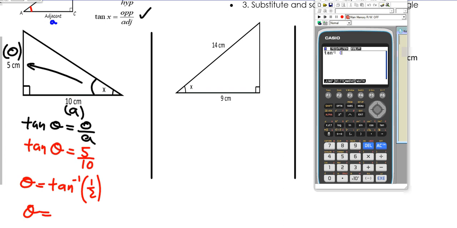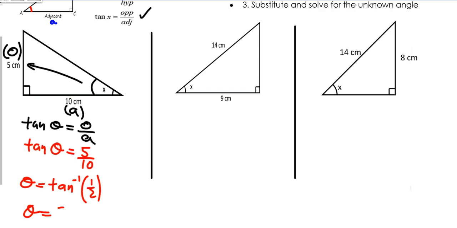In my brackets, 1 over 2, press equals, and we get 26.6 degrees to one decimal place.